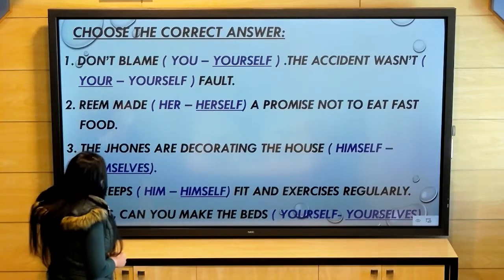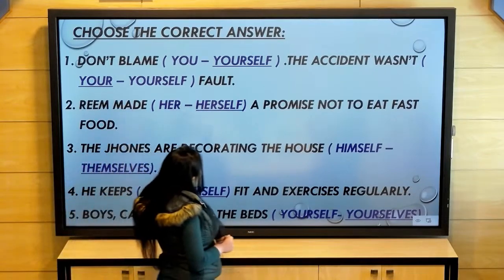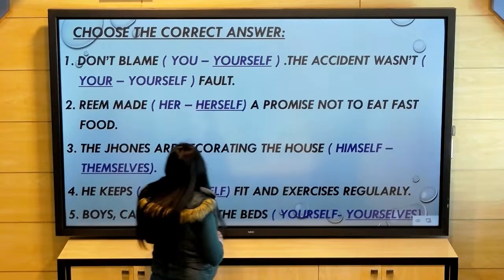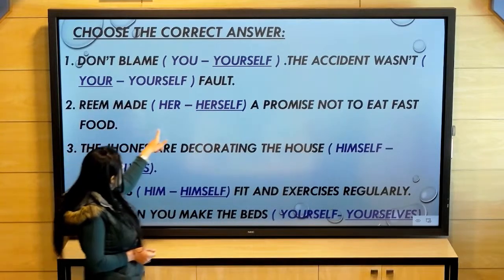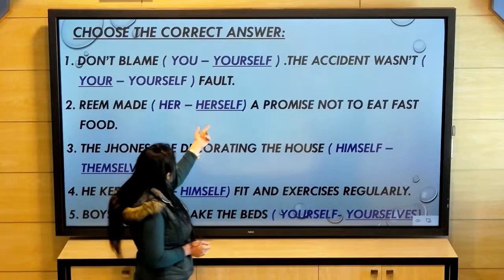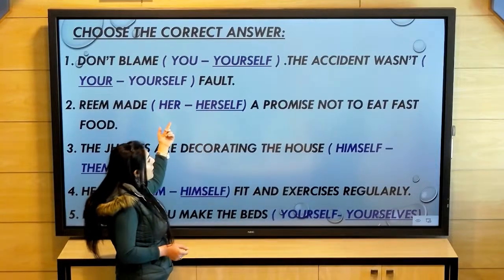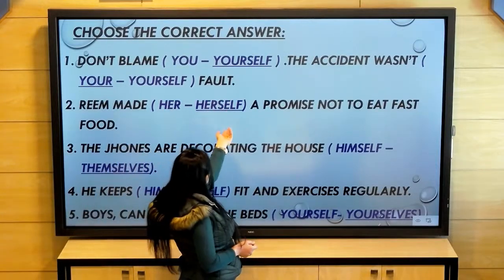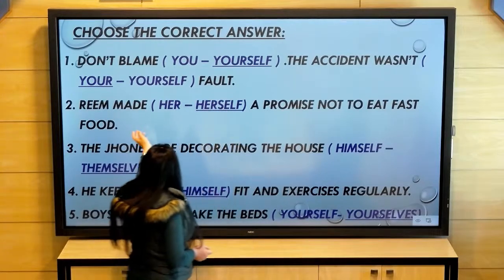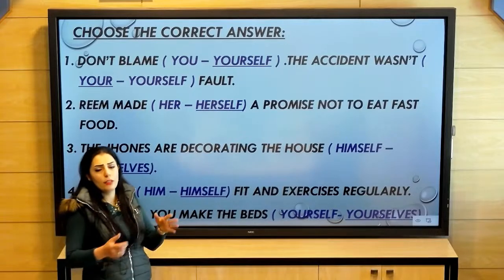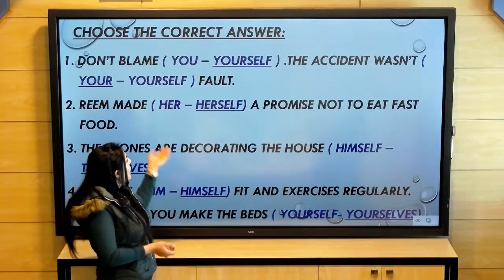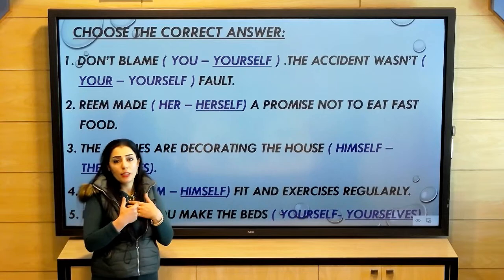Number 2, Reem made her or herself a promise not to eat fast food. So Reem, she is a girl, made herself. I can't say her because her should be followed by a noun, okay? Reem made herself. Here we have a reflexive pronoun. So she made a promise to herself.